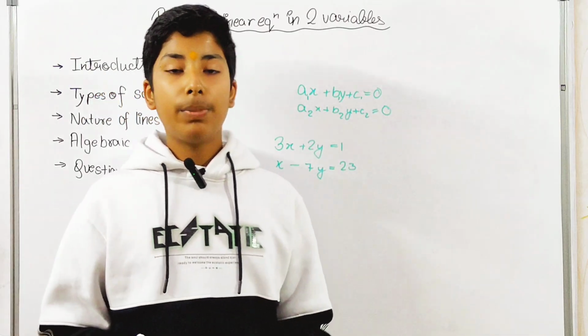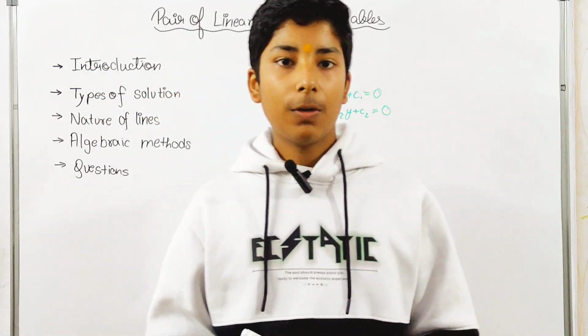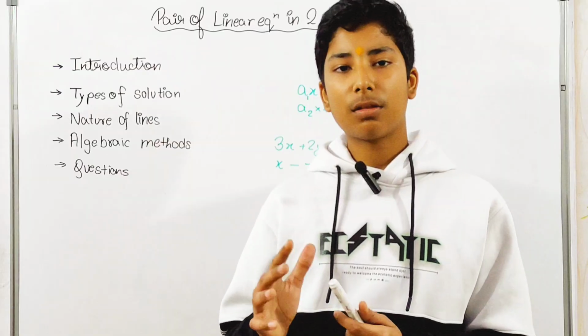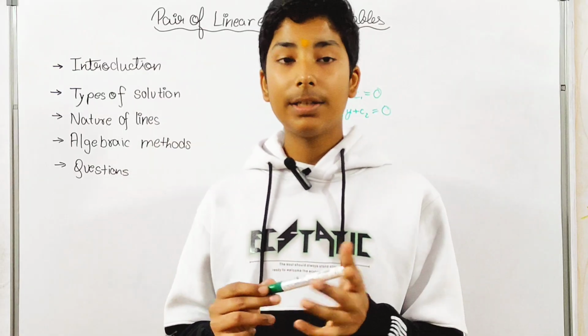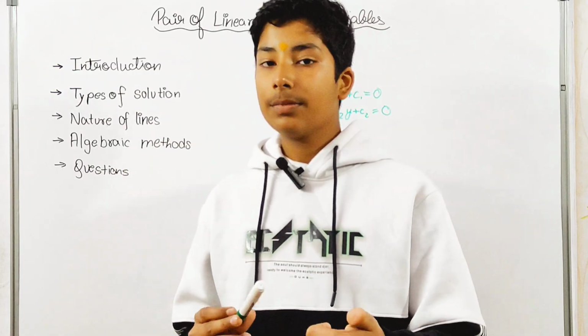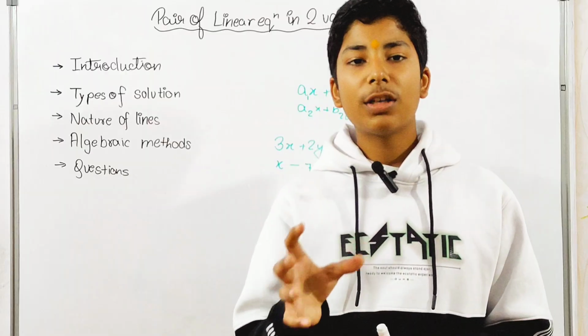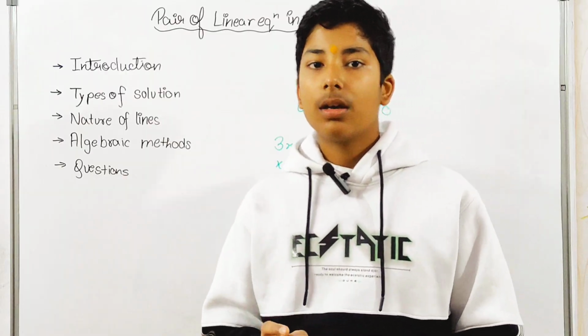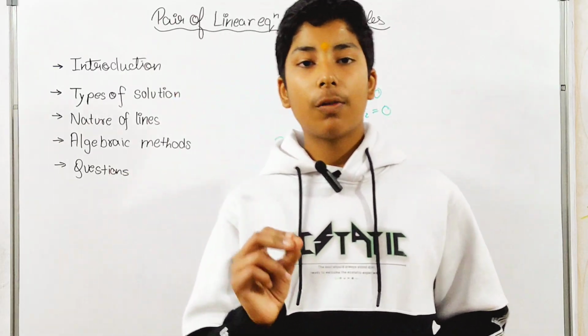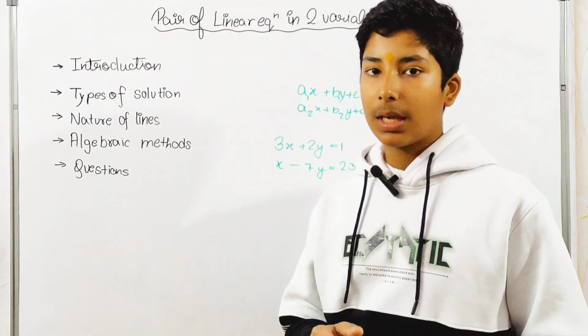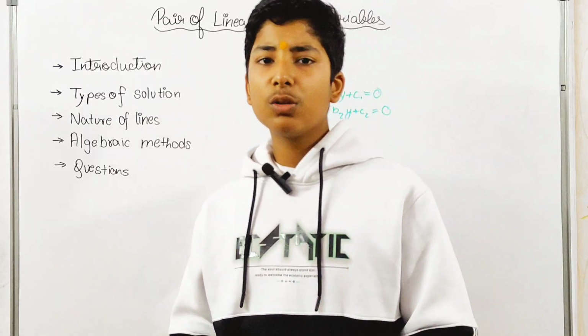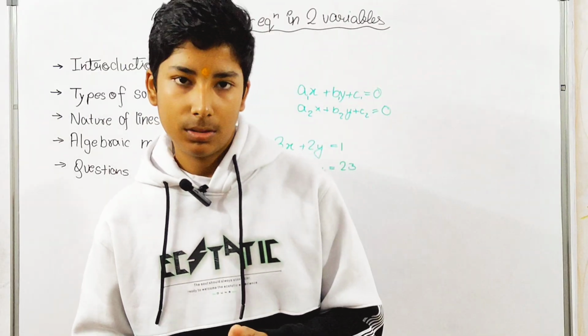So basically there are three methods, from which one method is not time efficient. It will take a lot of your time and you will get only a single answer. And the other two methods are good.